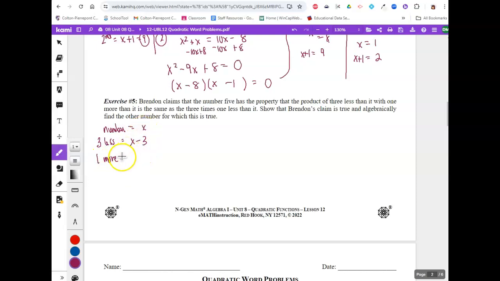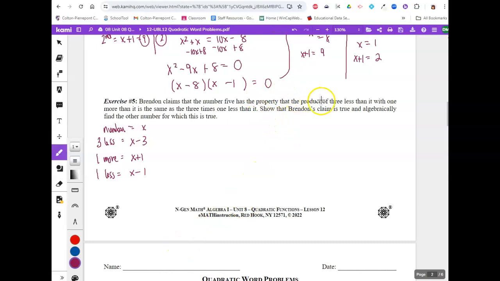If x is the number, 1 more than the number would be x plus 1. It is the same as 3 times 1 less than it. And 1 less would be x minus 1. So we've got 3 less, 1 more, and 1 less. That's what we need to do. All right, so now let's solve the equation.